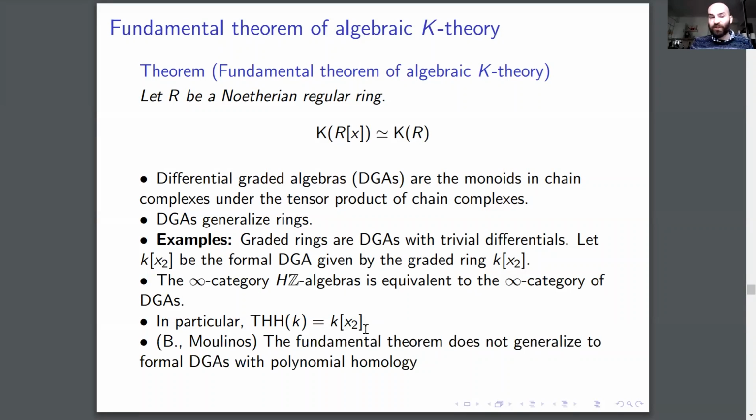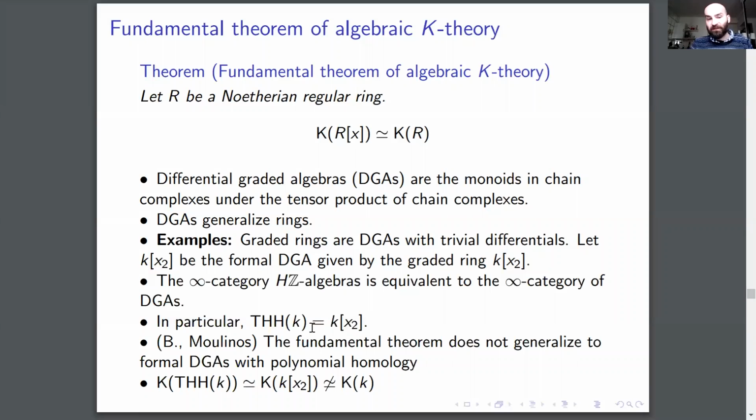And we show that our results basically compute the K-theory of THH K, but that's the same as the K-theory of KX2. And we show that this is not equal to the K-theory of K, right? So basically, the fundamental theorem of algebraic K-theory doesn't generalize to formal DGAs.